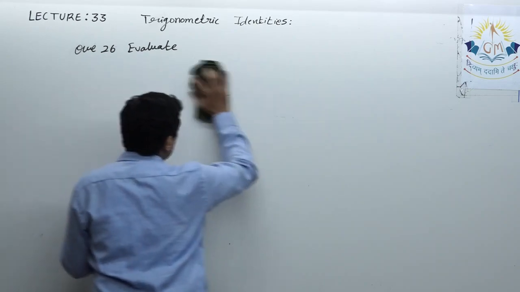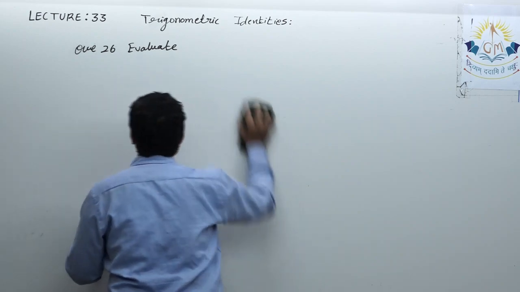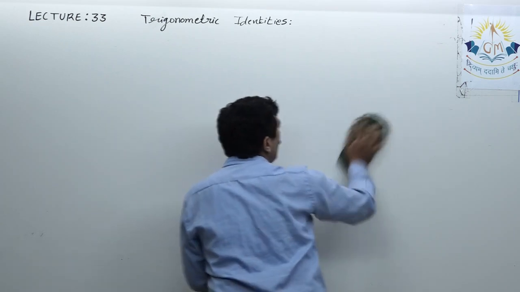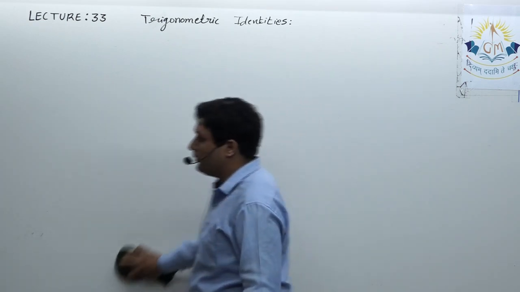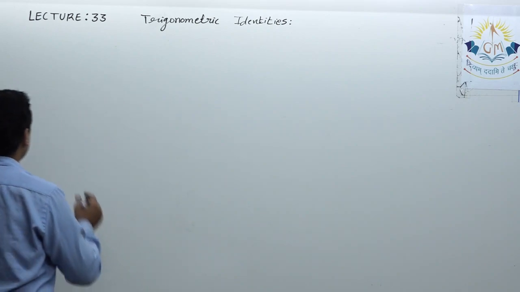Question number 27 is MCQ based, so I will start with question number 28, and when you get the idea, then definitely you will be able to solve question number 27. So here I am starting question number 28.